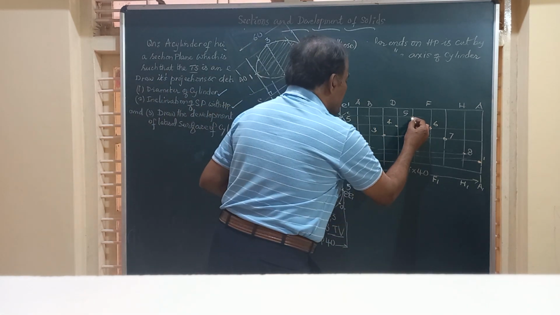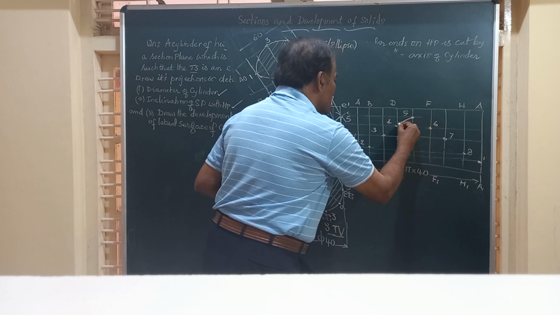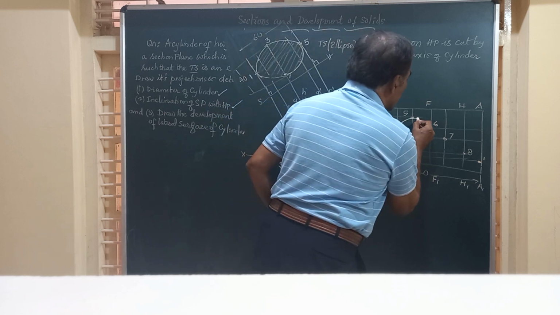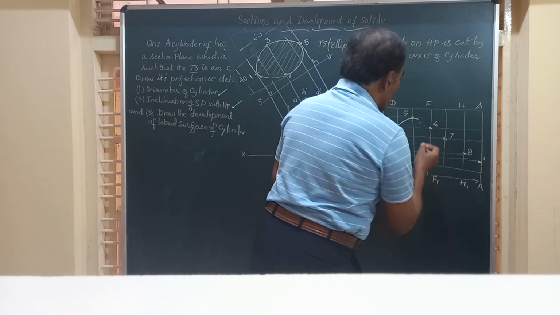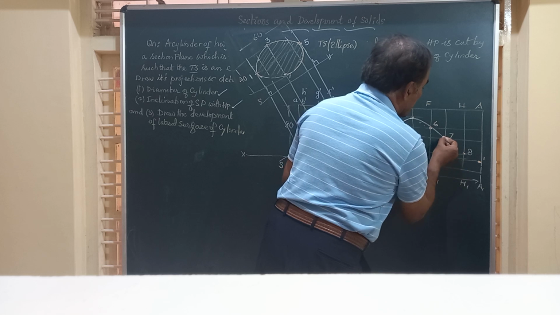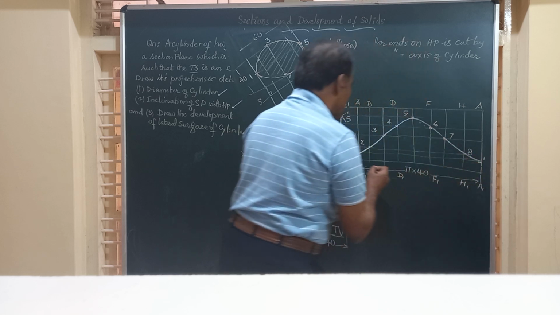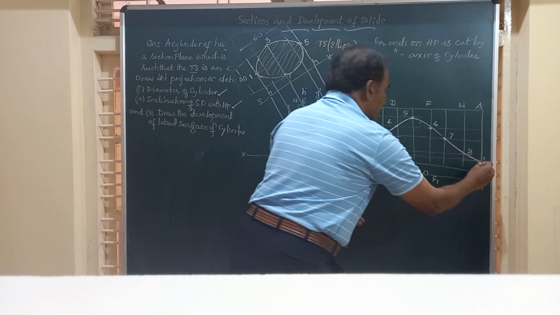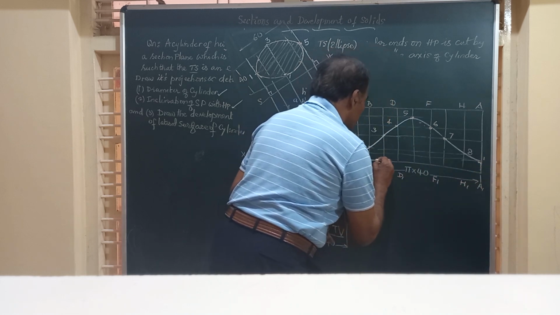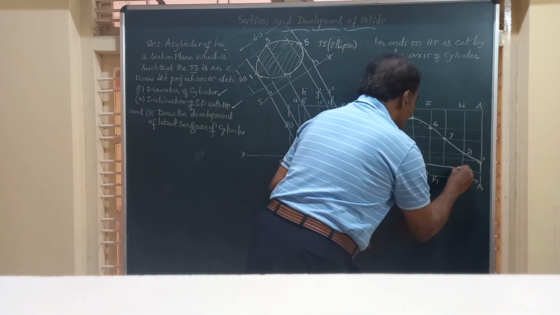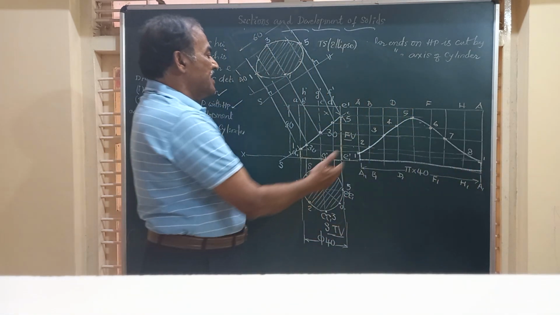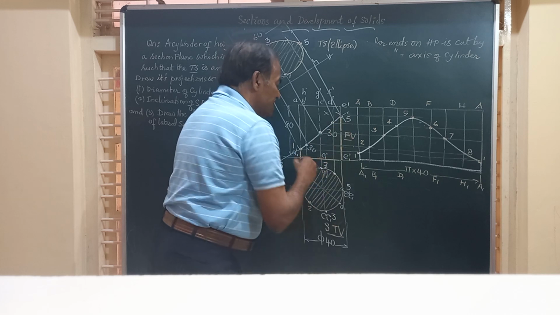So you join them by a smooth continuous curve to obtain the development of the lateral surface of that part of the cylinder below the section plane, which is retained for the purpose of development. Friends, we will have this joint because the bottom edge is not touched by the section plane. So this is how we are going to get the development of this part.